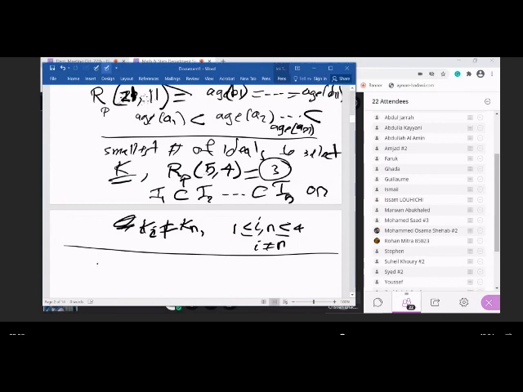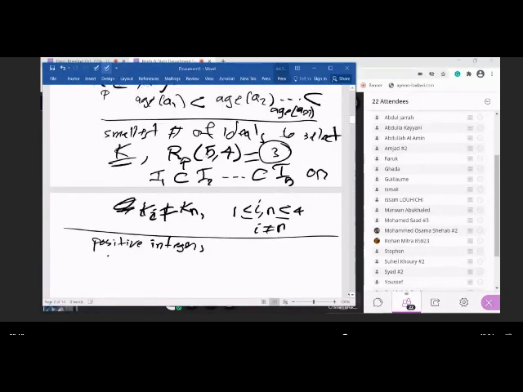Here is the question you may want to ask. Go to the set of positive integers, and let's select k numbers out of them.